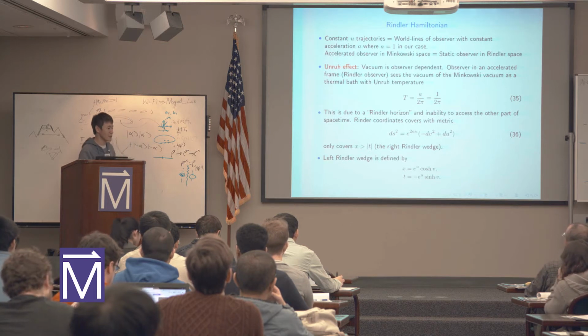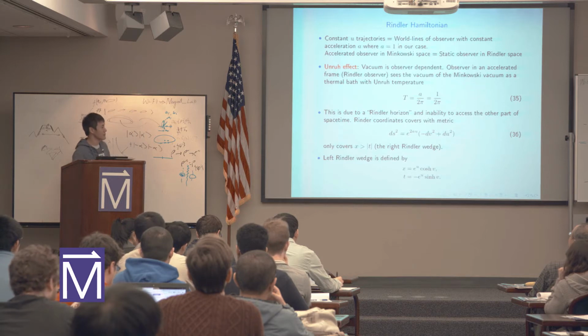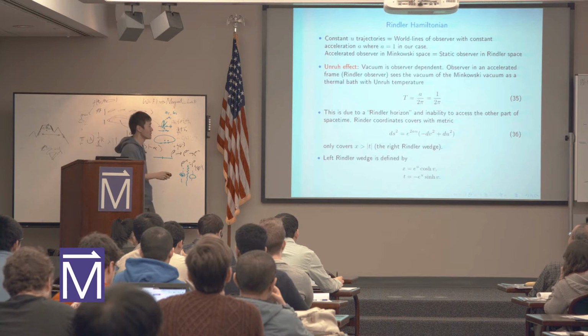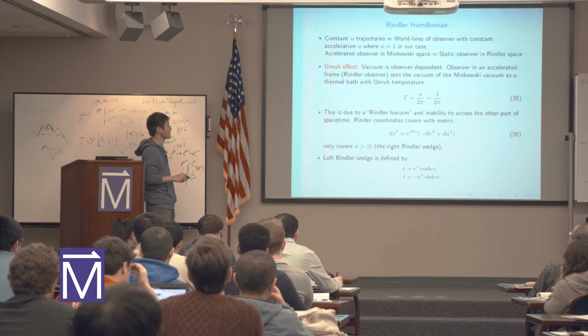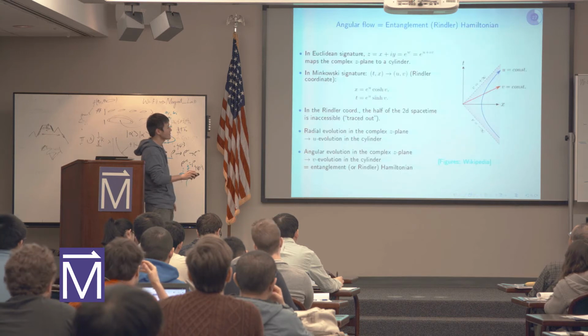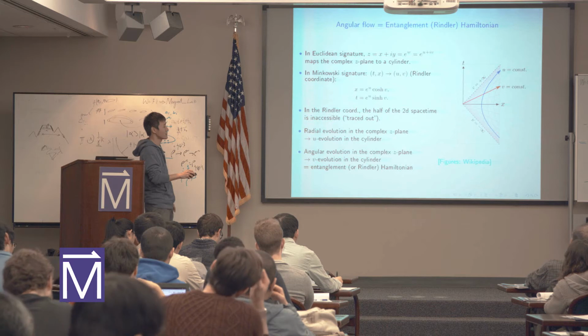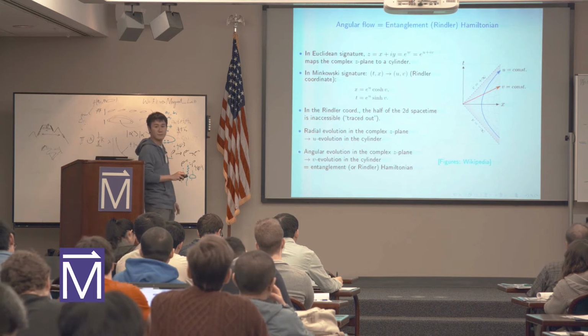And in the case of a black hole, the interior and the outside region of the black hole are entangled. So that's how we get the Hawking temperature. But it's very similar. If you think of this region as some sort of horizon, which is called the Rindler horizon.